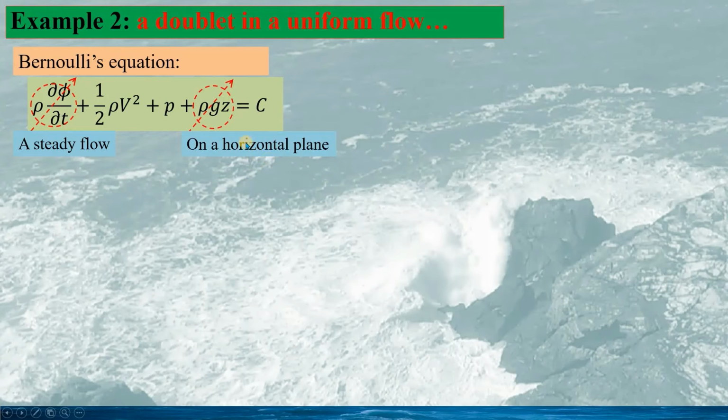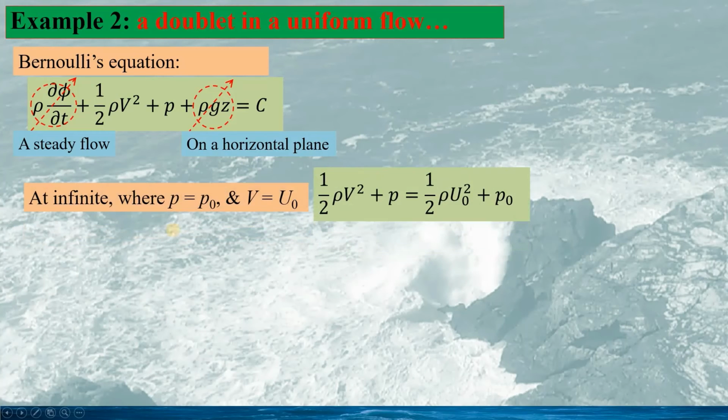And in this example, we only consider a horizontal plane, so this term would disappear as well. At infinity, we assume the pressure is P0 and the velocity would be U0. Then the Bernoulli's equation would give us the equation as this.